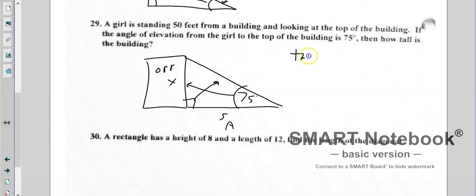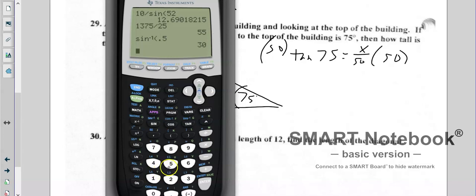So, tangent of 75 equals opposite over adjacent. I don't know why I didn't write 50. So again, this is the easy one where we just simply multiply by 50 on both sides. So we take our calculator and do 50 times tangent of 75.